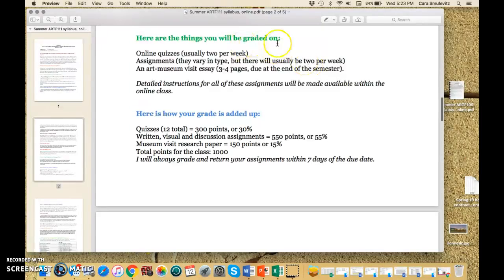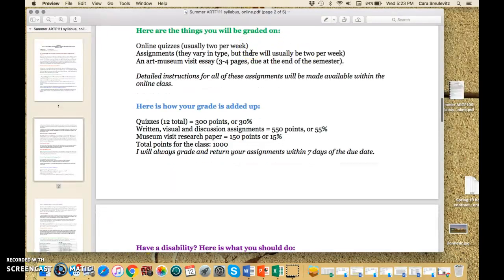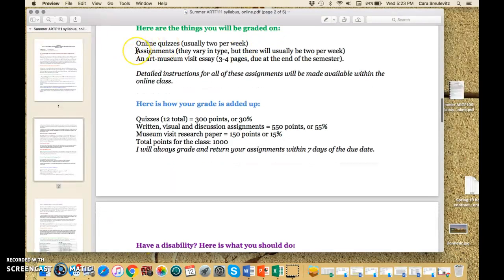Okay, the things you'll be graded on in the class, you've got online quizzes. In the summer version, you're going to have 2 of those per week. You'll have assignments, again, usually 2 per week for the summer version. And then there's one kind of final paper, which is an art museum essay. That's worth more points than the other assignments because it's longer, and it requires that you actually go visit an art museum and write about it. That'll be due at the end of the semester.